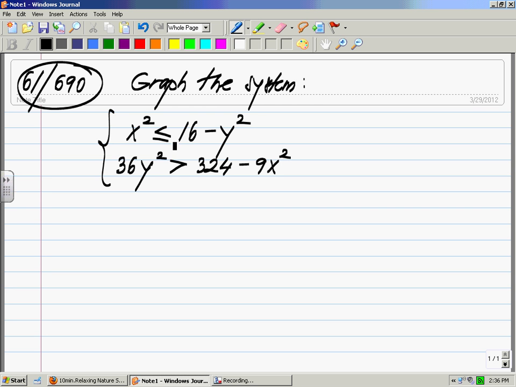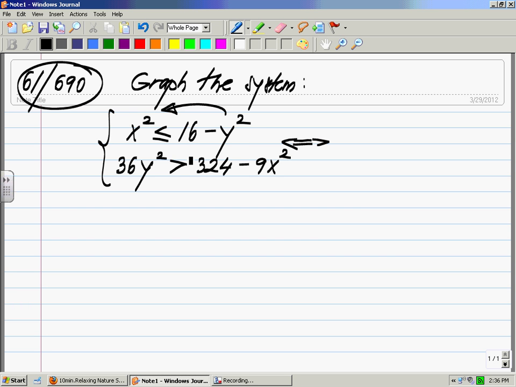So looking at the first equation, what do you guys think this one is? Be careful. x squared, y squared, 16 seems to be the equation of a conic section. Think about moving that y squared to the other side.